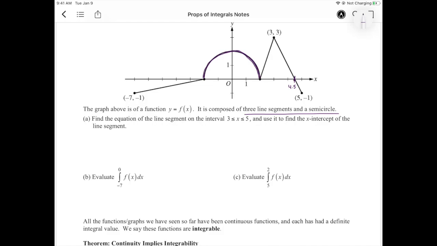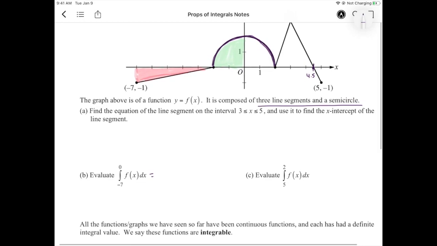So b is this integral here, and I'm going to kind of highlight the areas. So it's -7 to 0, which includes this value right there, which will be a negative definite integral, and then it also includes right here, which will be a positive definite integral. Okay. So this isn't telling me it wants me to find the area. It's saying just evaluate the definite integral. And so I don't need to necessarily make the negative definite integral positive, because it's not asking for area, it's just saying solve this definite integral.